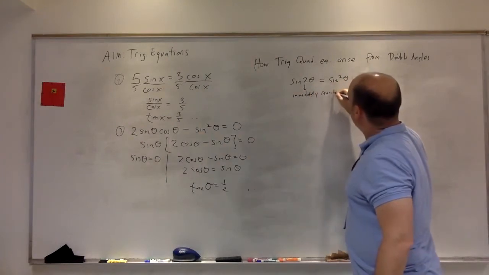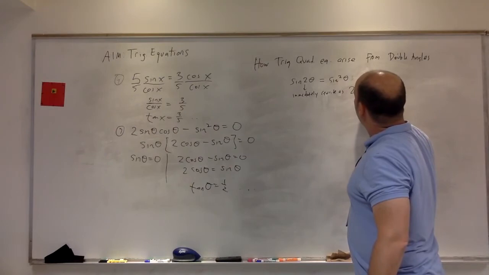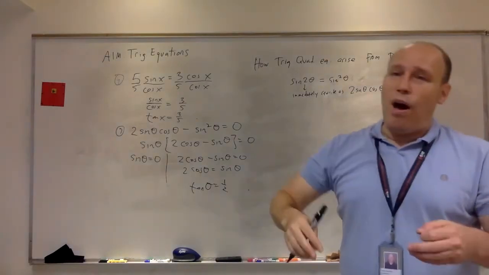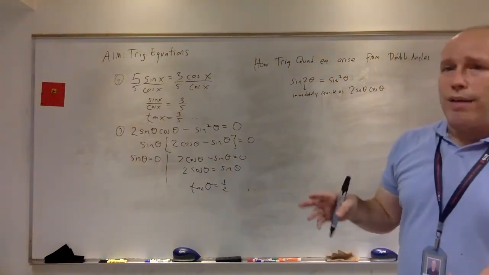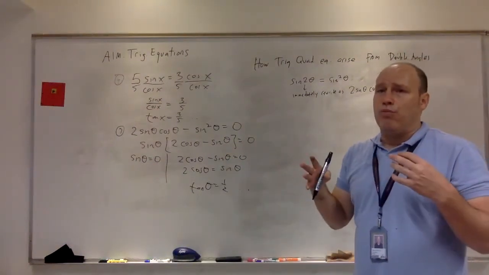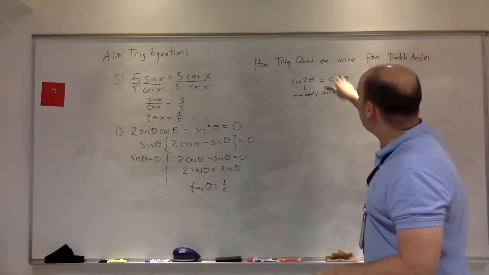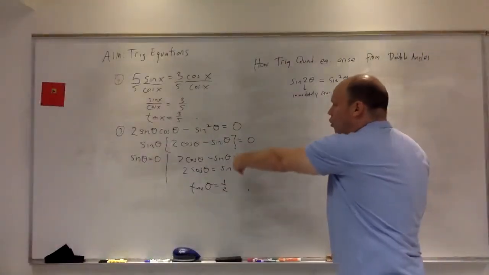and rewrite it as 2 sine theta cosine theta. Because once you have all the cosine and sine in the original, it's just much easier to manipulate and solve like an algebra equation.